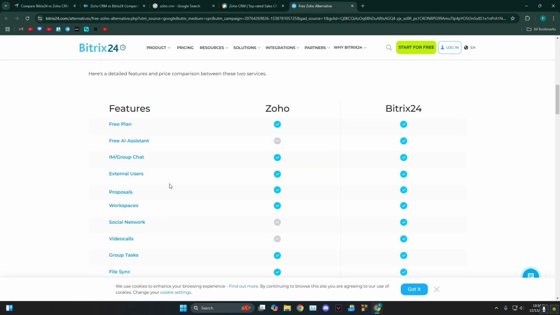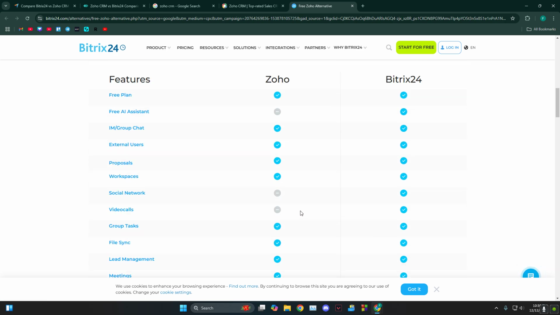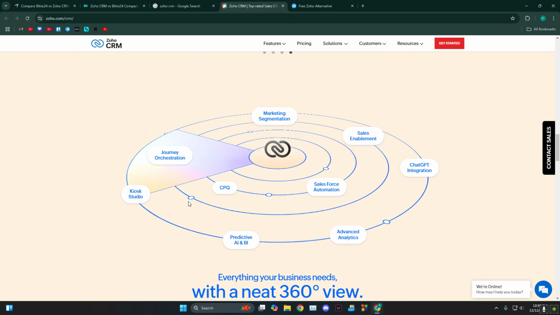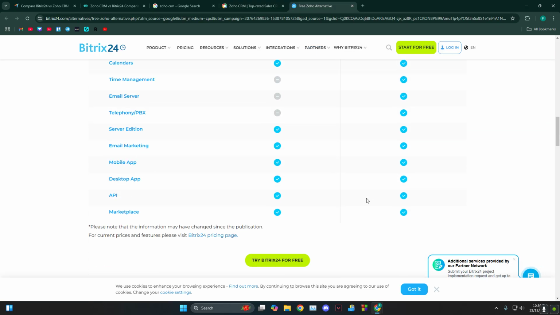Is there any feature that you really like? As you can see, Bitrix is literally showing the differences even on their website. They show no free AI assistant, but Zoho is clearly marketing that. So go look at both of these websites, their features, and go with the one that appeals to you the most and has the pricing that seems most reasonable to you.